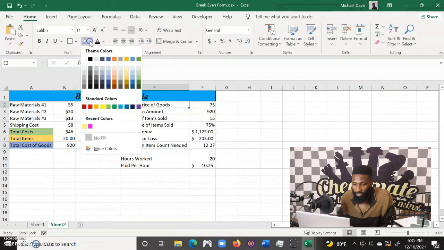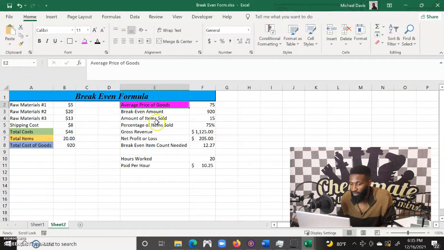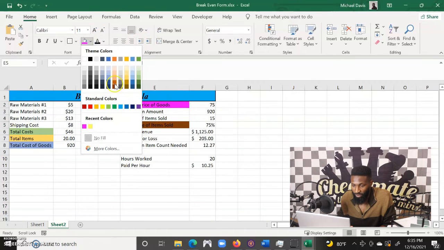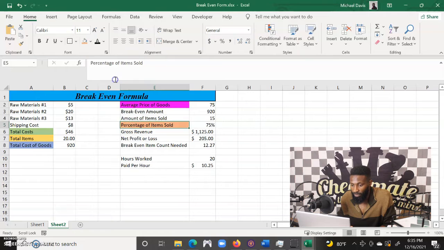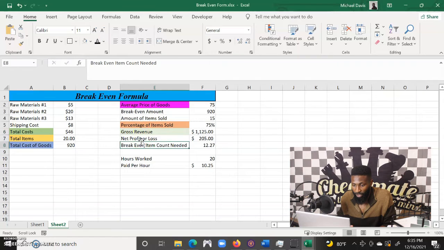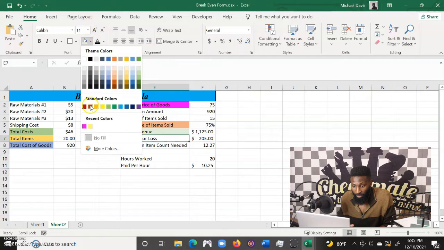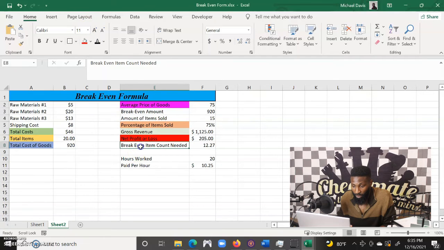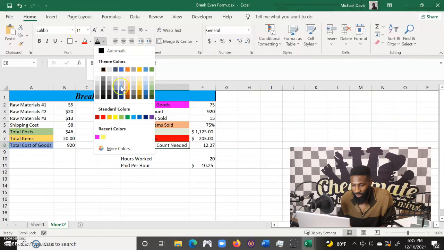Average price of goods. The percentage of items sold. Gross revenue. Net profit or loss. This is the magic number right here. Magic. This is the break-even actual amount that you need to know.